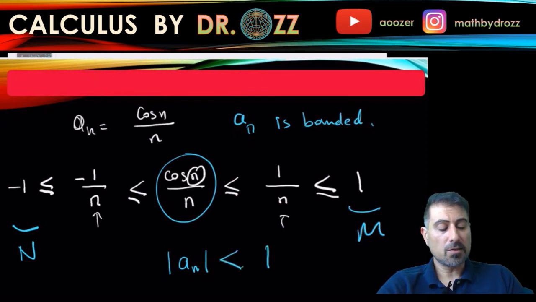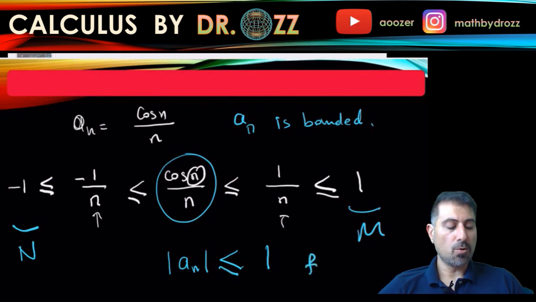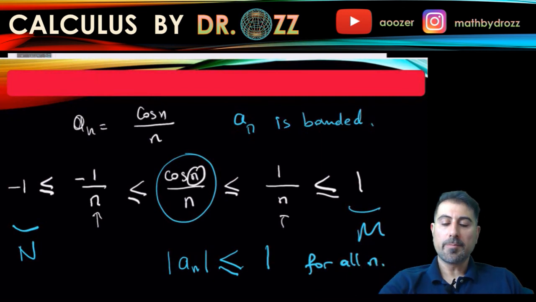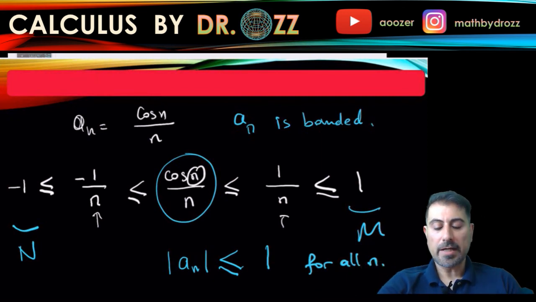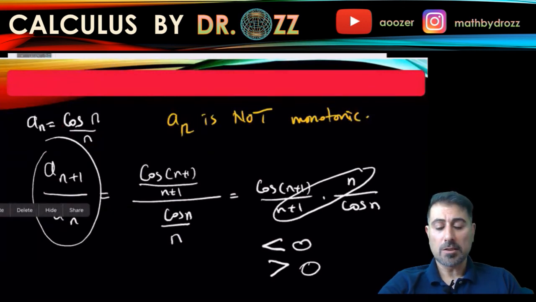So the absolute value of a_n is less than or equal to 1 for all n. Okay, so going back to the analysis, a_n is bounded, that's what we showed, but a_n is not monotonic.